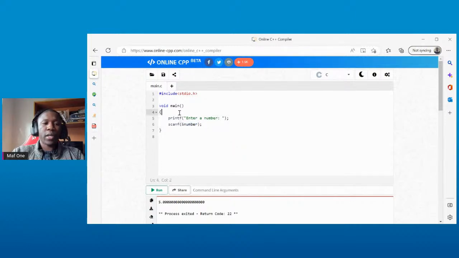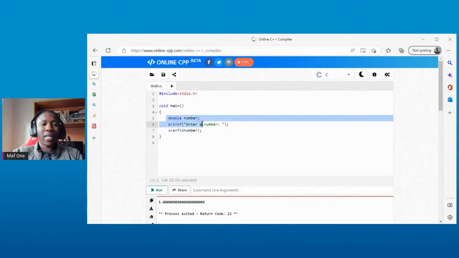We need to declare the number here. So let's say a double number, and the user is going to enter the number, and we can do whatever we want with this number. So this is the beginning of the algorithm, and these are the steps of the sequence that we are studying now.